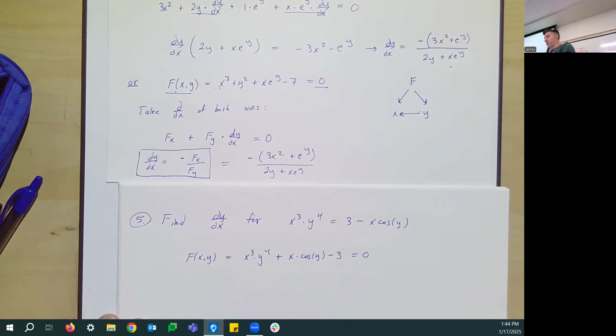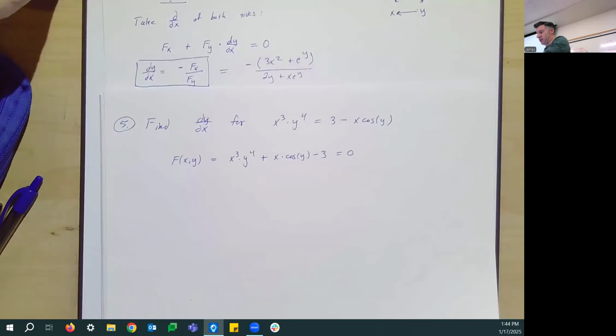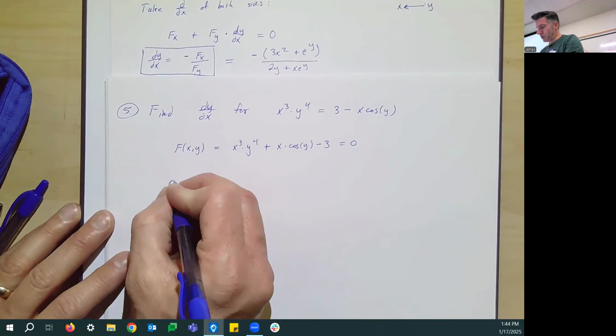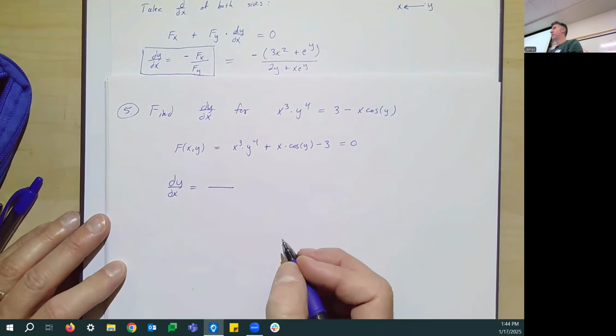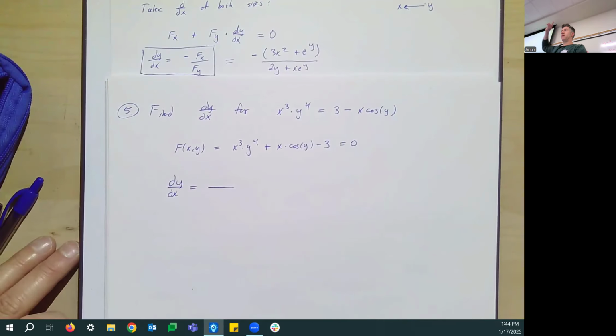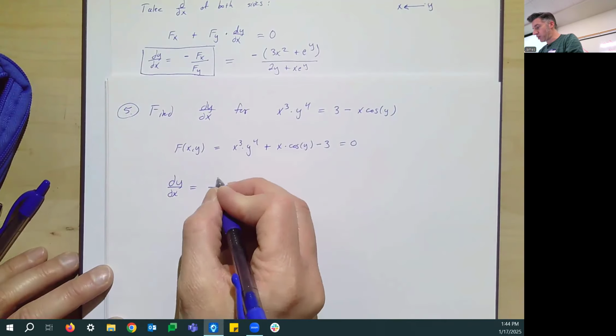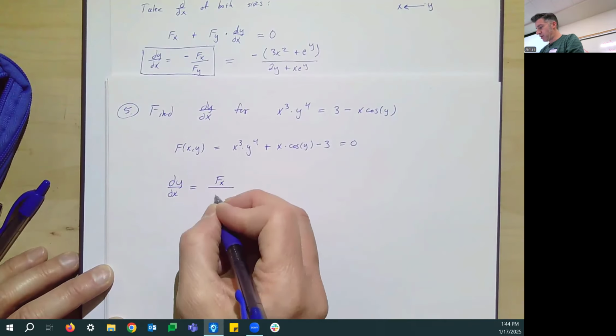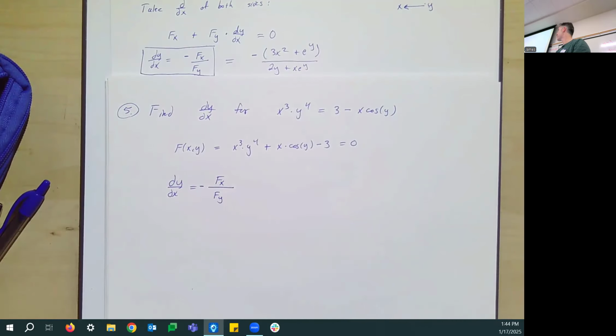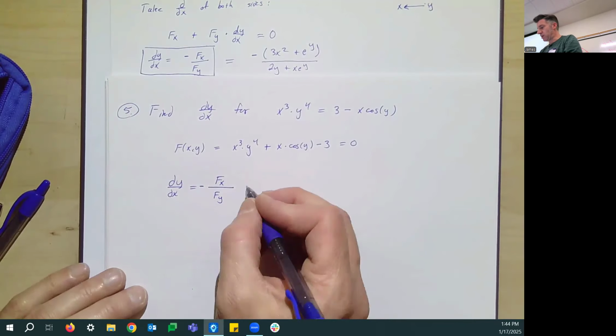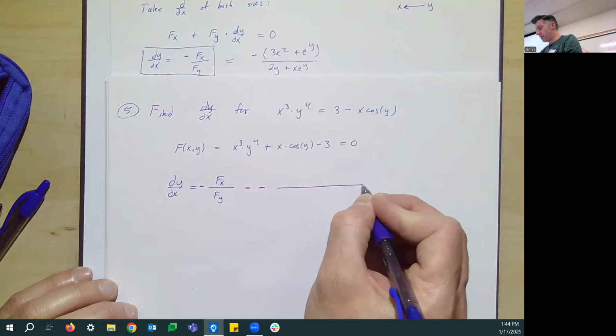And then instead of deriving the formula again, we're just saying, great, we know that the derivative dy dx, and here's how it always works, the variables swap places in the quotient. So instead of having x on the bottom and y on the top, it's going to be y on the bottom and x on top, but it's the partial derivative. So it's going to be the partial with respect to x on top, the partial with respect to y on the bottom, and then it's the negative of all that. So let's see, that's going to be negative.